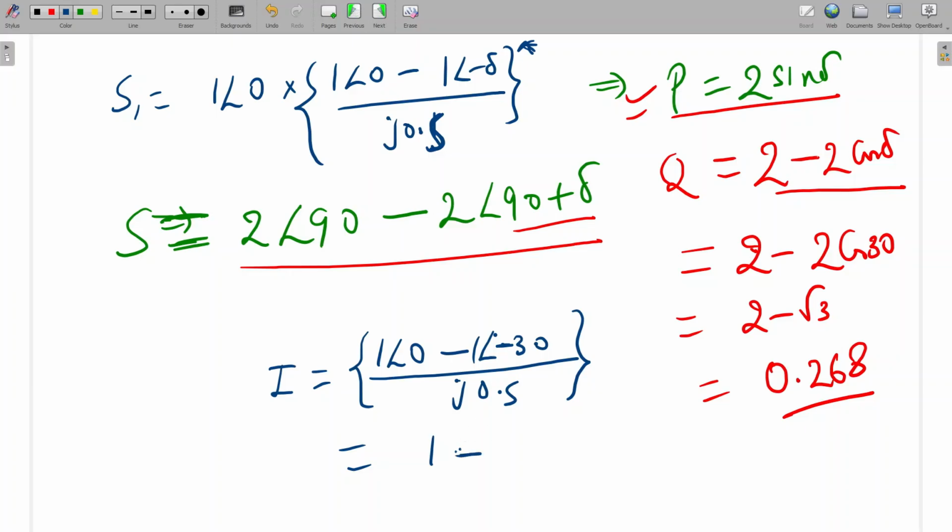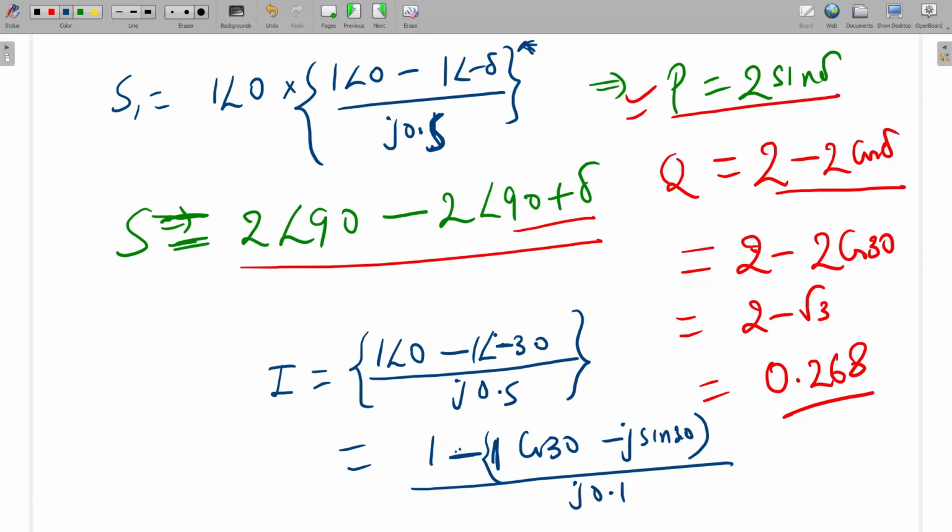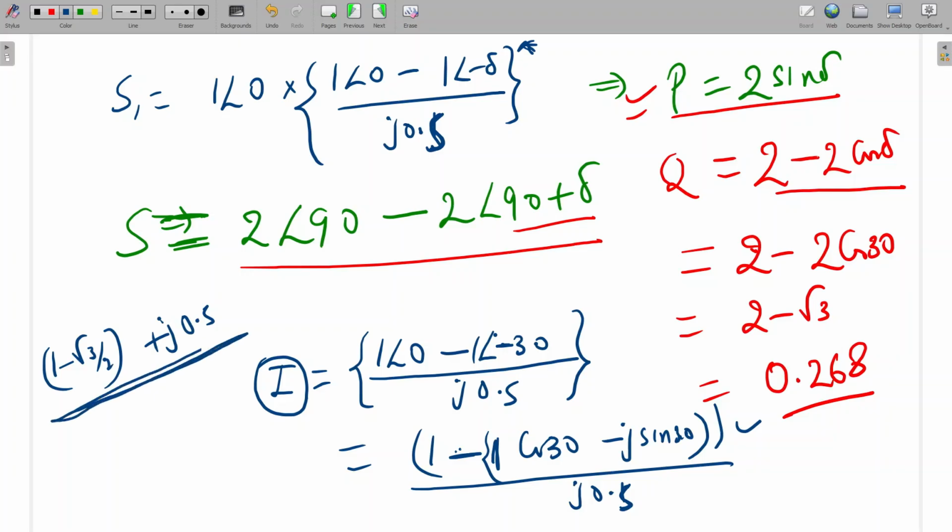So minus 1 cos 30 and minus j sin 30, divided by j 0.5. If we calculate the magnitude of this part and divide by 0.5, we can find the magnitude of the current. So cos 30 will be root 3 by 2. So 1 minus root 3 by 2 plus j 0.5. Can anyone calculate the magnitude of this one?